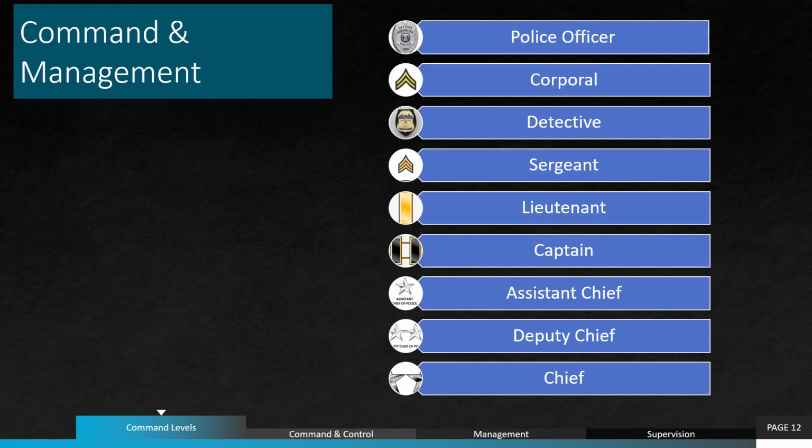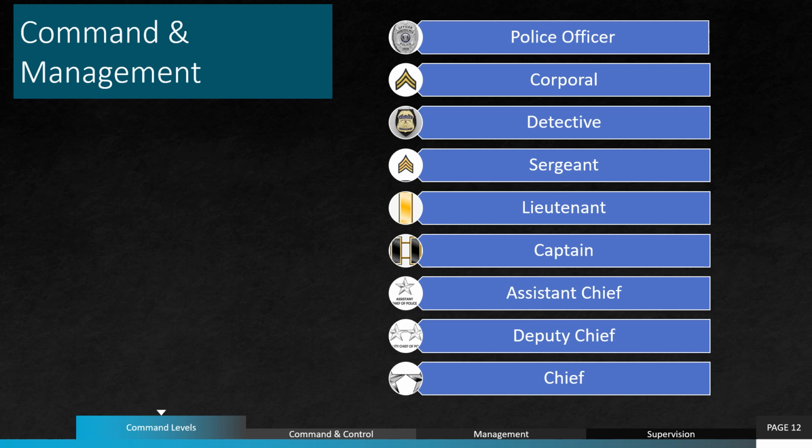Above a sergeant, you generally will have the lieutenant rank, which will have typically a series of detachments or a number of sergeants underneath them, and even more officers that would be supervised by the sergeant. Above the lieutenant, you might see some majors or captain ranks, but they will typically have a couple of lieutenants, 2, 3, 4 lieutenants, and be in charge of a division or a larger section of the organization.